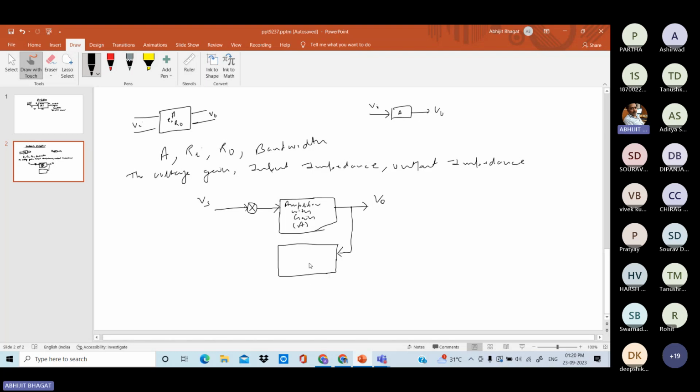So this is the feedback network, and beta is the feedback ratio. Means here V0 is the output and beta part of V0 is fed back to the input side.